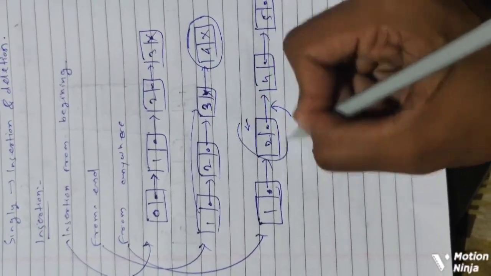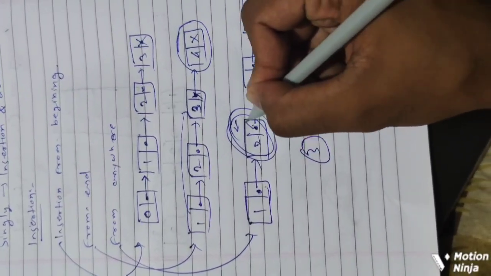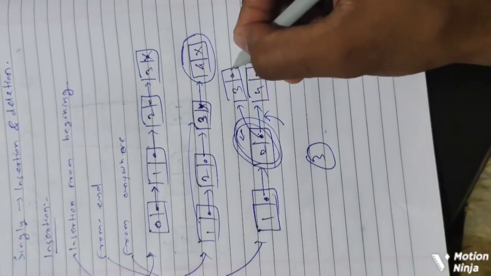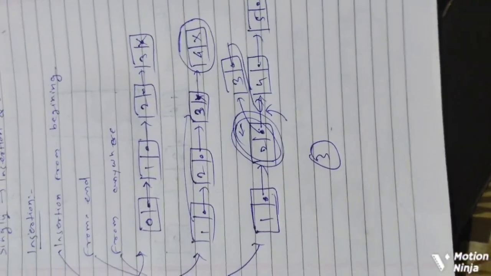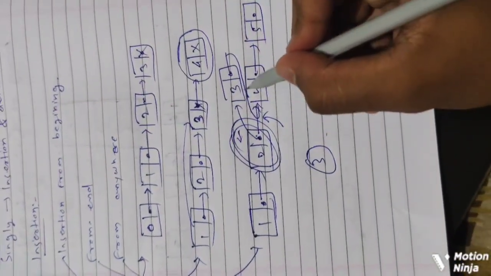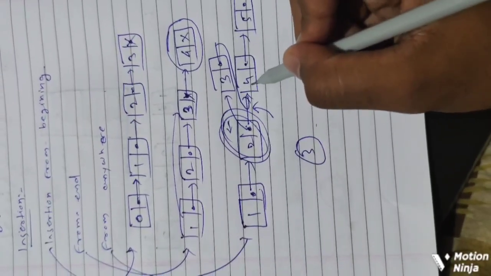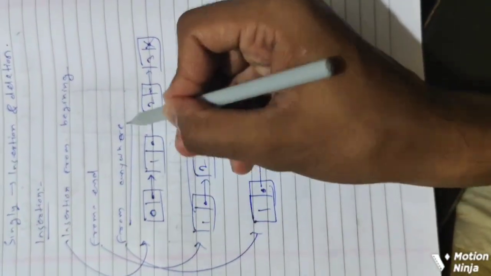We traverse the list till here and point the pointer of this node to the new node we have to insert, which is 3, and point the pointer of 3 to the node which was pointed to by 2. So basically 3 is added between these two nodes, which is insertion of an element from anywhere in the list.